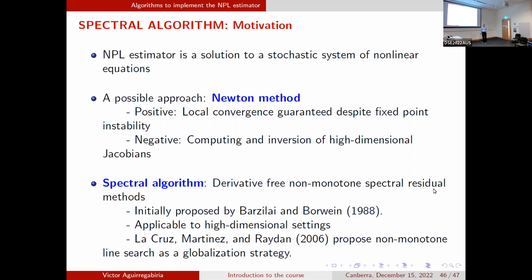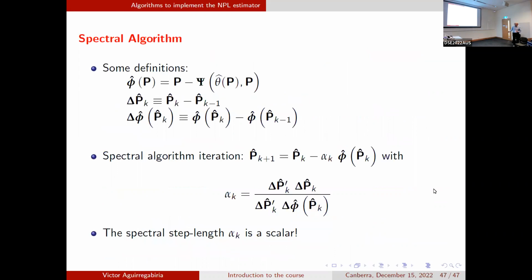What is the problem with Newton's method? The implementation of Newton's method will involve calculating the Jacobian of this. Let's look at this mapping phi of P, and look at a zero of this mapping. The Newton method requires the Jacobian of phi of P with respect to P. But that involves the Jacobian of psi with respect to P, and that's exactly what we want to avoid.